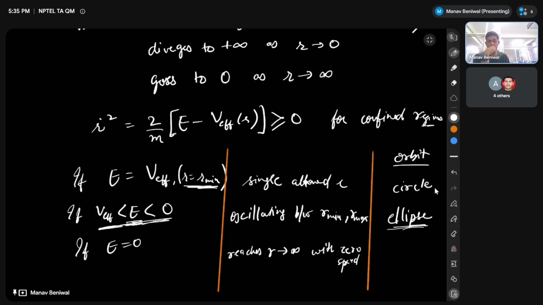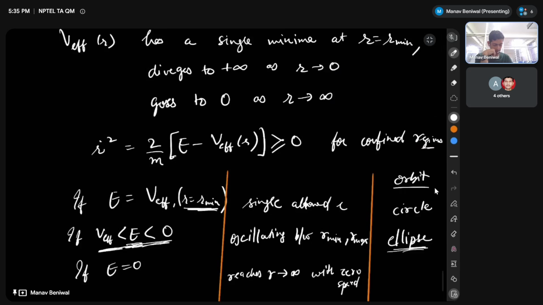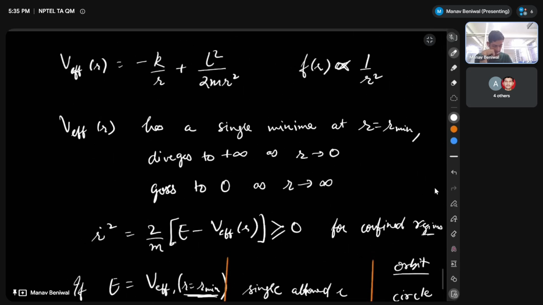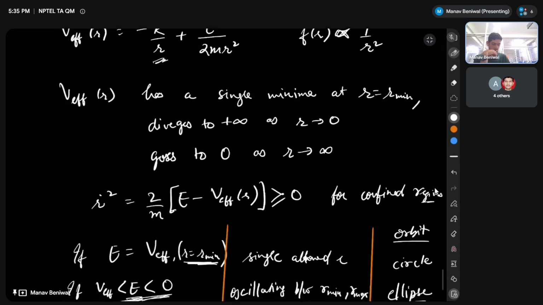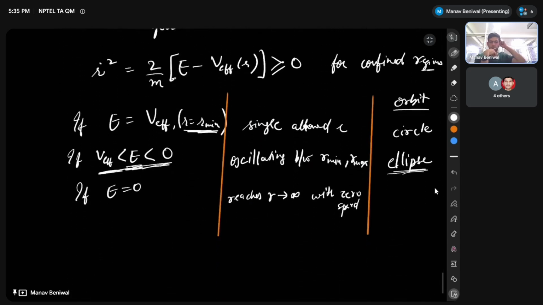Because at infinity our potential energy goes to 0, and the kinetic energy should then also go to 0 because my total energy is 0.